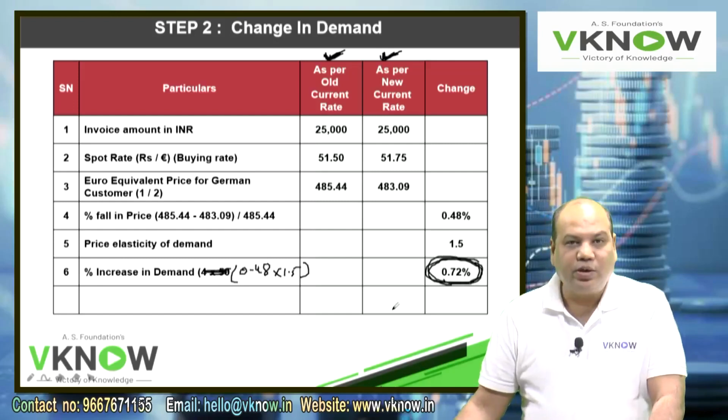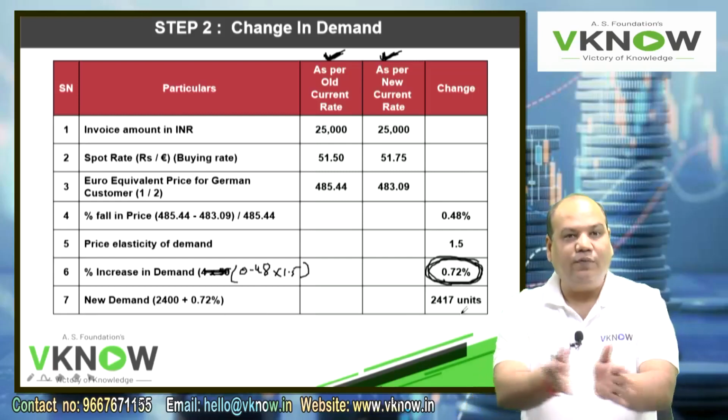Your existing demand is 2400 units. The new demand will be 2400 plus 0.72%. Round off the units. You can't sell units of AC in fraction.